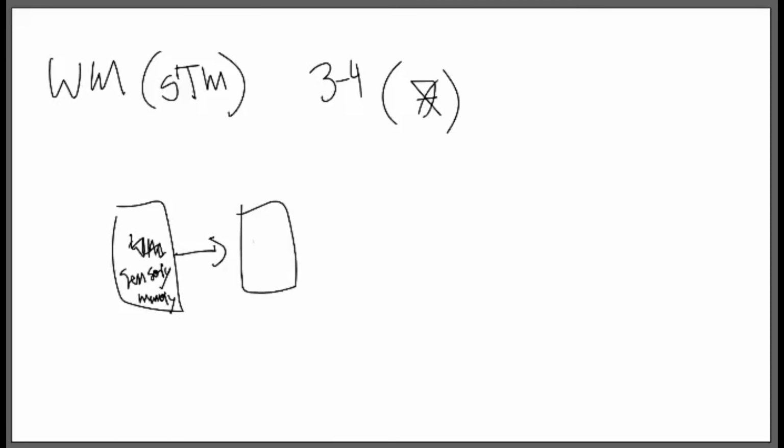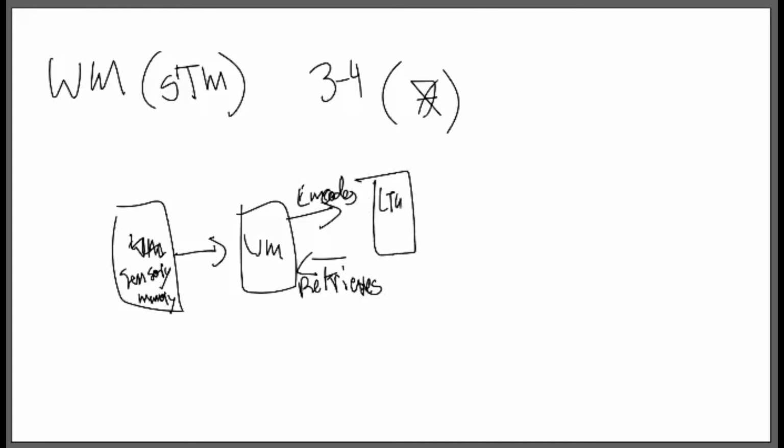Then you have working memory, which encodes and retrieves stuff from your long-term memory. It's very likely that any individual watching has seen a derivative of this model. It explains a simple way in which memory works.